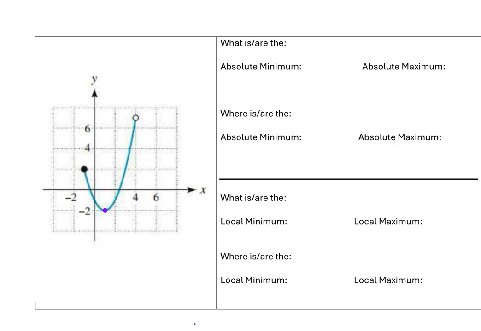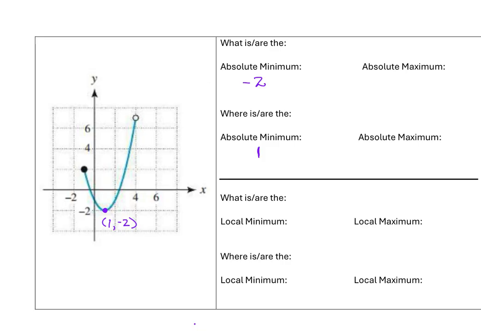Because our tick marks are increasing by 2, I'm going to call this 1, -2. Our absolute minimum is going to be the y-coordinate, so it's going to be -2. It occurs at 1, and we have that one.